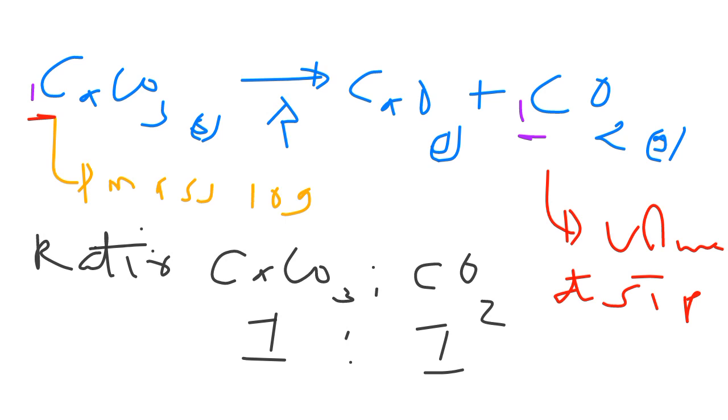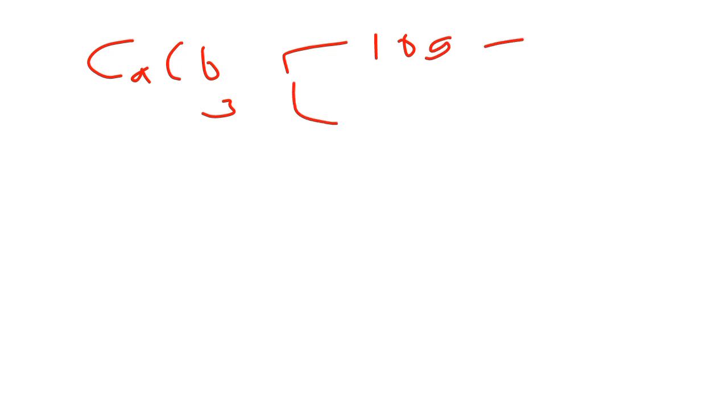First we find the number of moles of calcium carbonate, and after that we correlate calcium carbonate and carbon dioxide. As you see, this calcium carbonate has a mass of 10 grams.